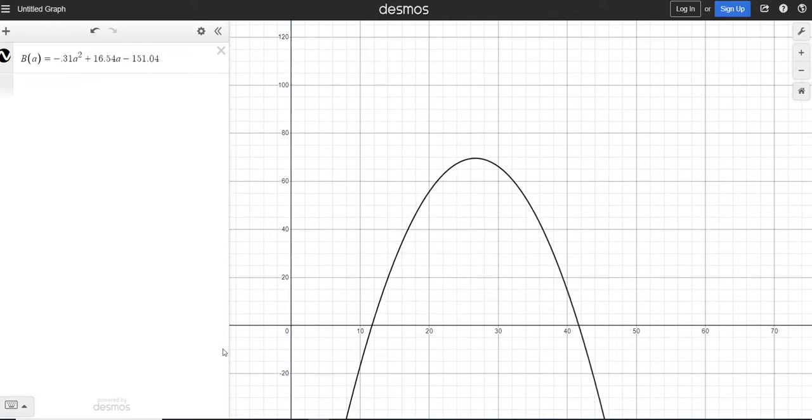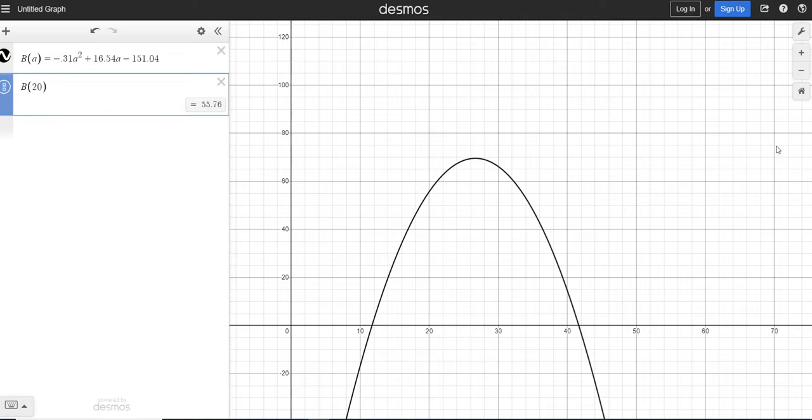There, that's not bad. All right, so I've got my graph, and the first question was, what is the birth rate for unmarried 20-year-old women? Well, my input here is the age, A, so all I really want to do is find B of 20.